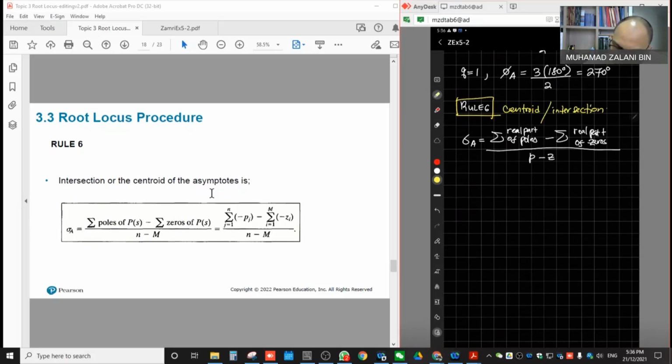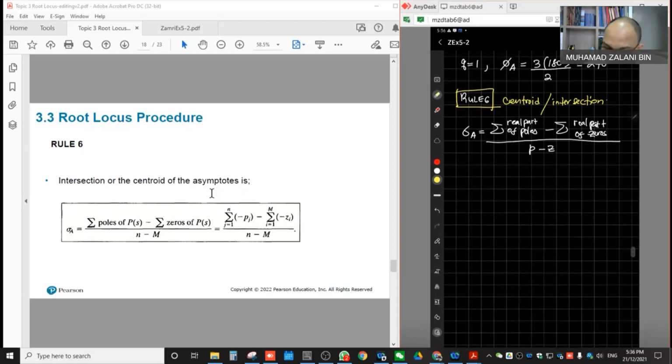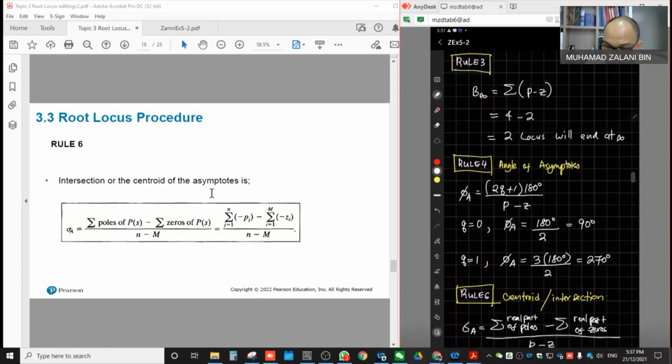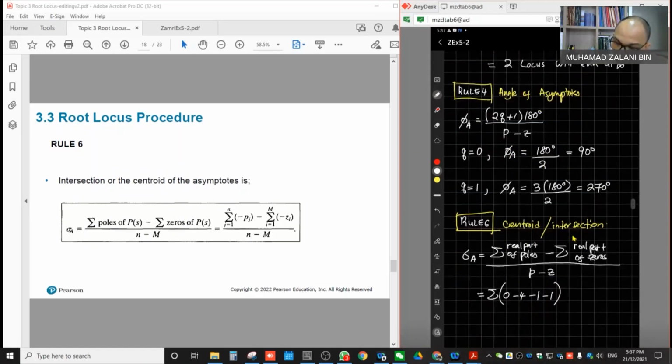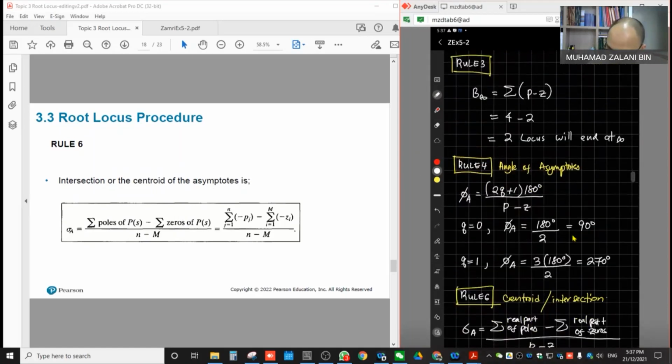So how much is the real part of poles? 0 plus -4 plus -1 plus -1. Only the real part. Let's check: 0, -4, -1, -1. The zeros are -2 and -3.